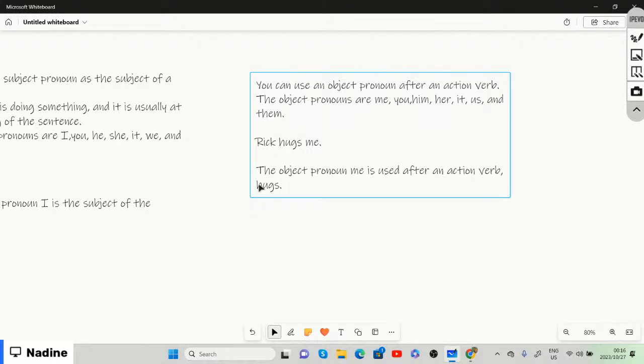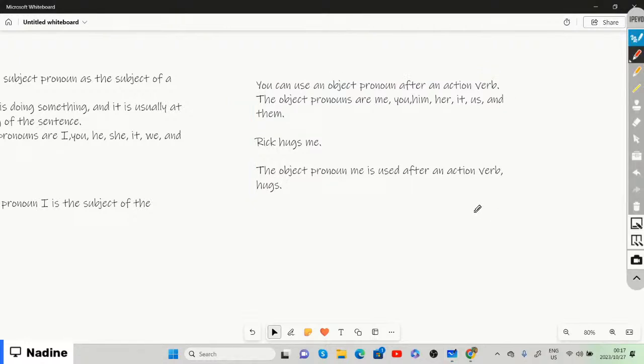So once again, you can use an object pronoun after an action verb, and the object pronouns are me, you, him, her, it, us, and them.